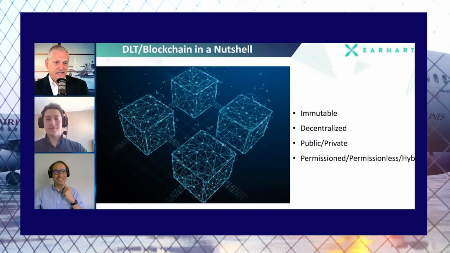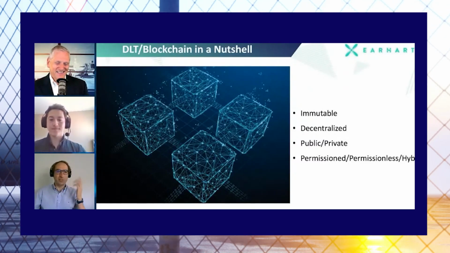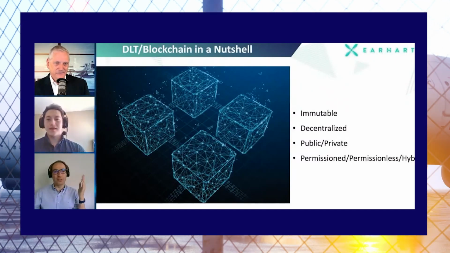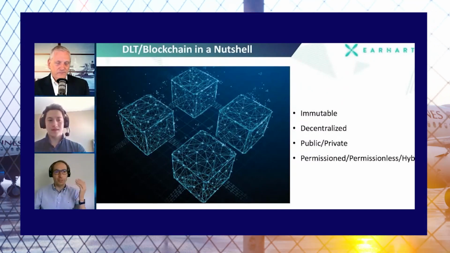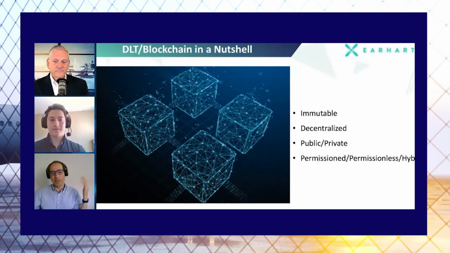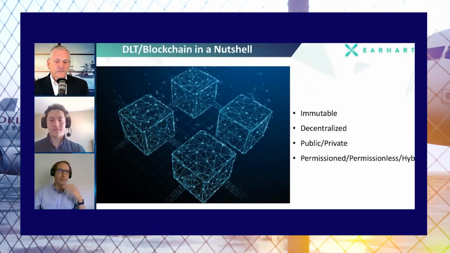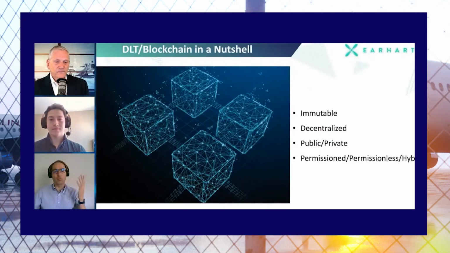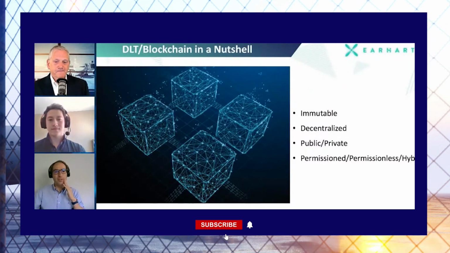What is DLT? Well, DLT stands for distributed ledger technology, and blockchain is just one of the DLT technologies. We can have Hashgraph, we can have DAG also. There are also other types of DLTs.